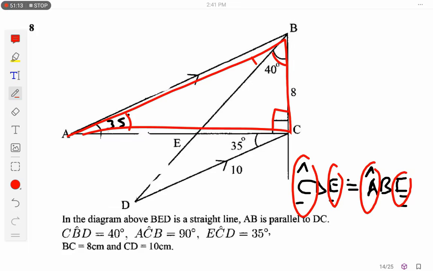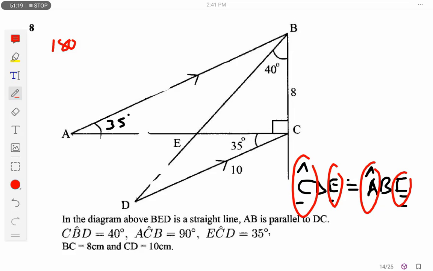So I can find the remaining by using angles in a triangle add up to 180. So I can say 180 degrees minus 40 minus 90 minus 35. Here I'm getting 15 degrees. So that's the angle there.